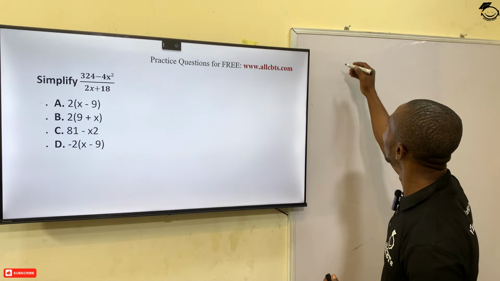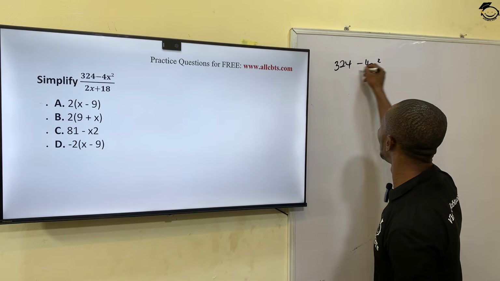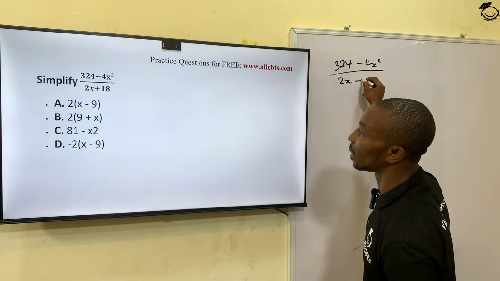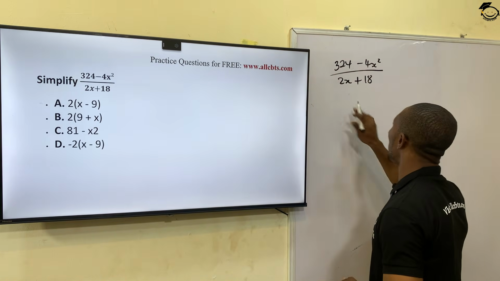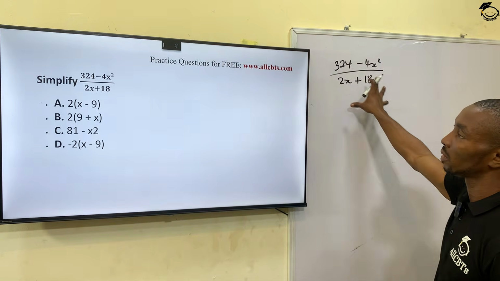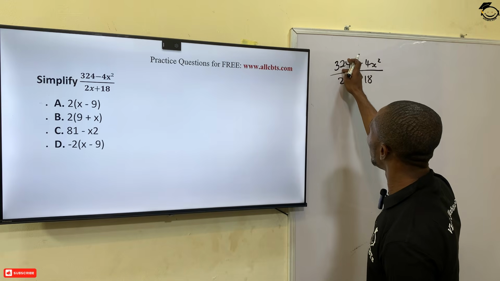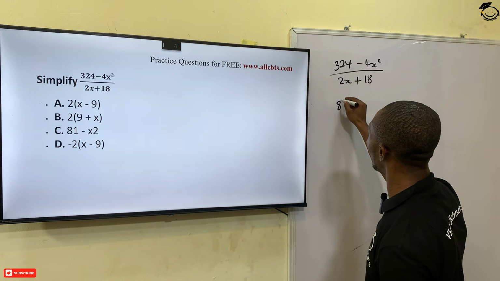Simplify 324 minus 4x squared all over 2x plus 18. Now, if we are to simplify this, let's first of all factorize the numerator and the denominator. Now, 4 into 32 will give us 8, 1.